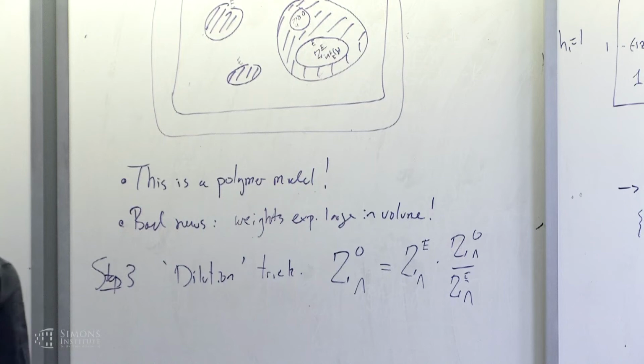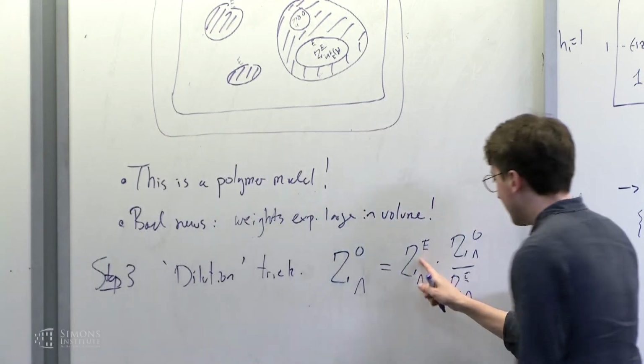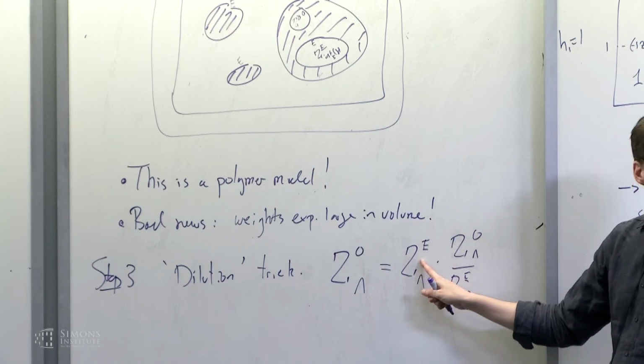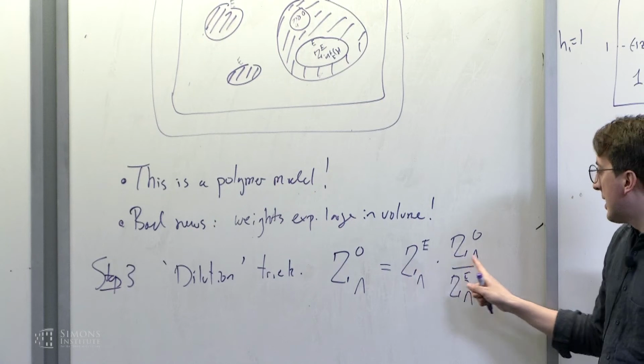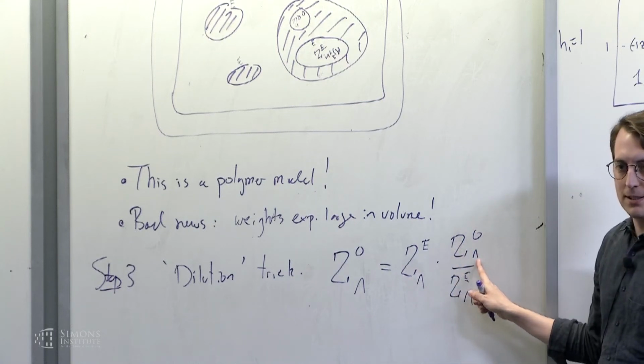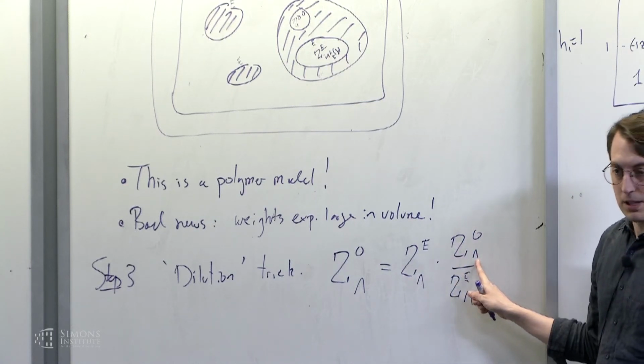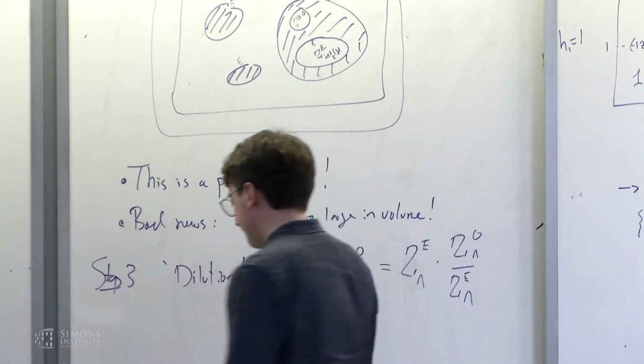This turns out to be very good. Why is this good? This term I can expand again. It's again a partition function with an even boundary condition, so I just repeat. And this term I absorb into the weight of my contours, my polymers.